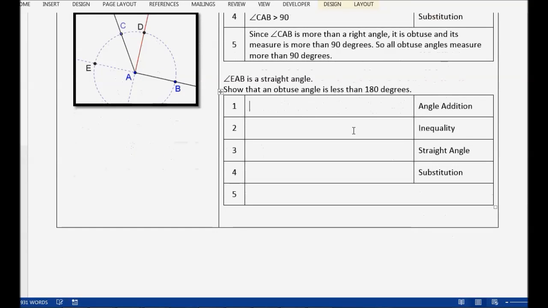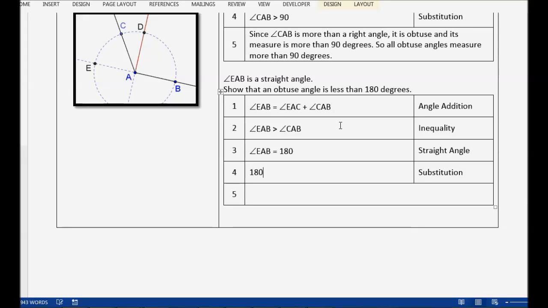Okay, now let's do the proof for greater than a straight angle. Again, angle addition postulate. By inequality, angle EAB is greater than angle CAB. And we know that angle EAB is equal to 180 degrees because of that whole straight angle bit.